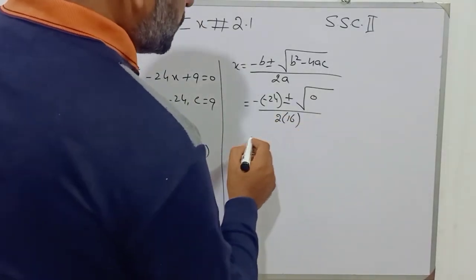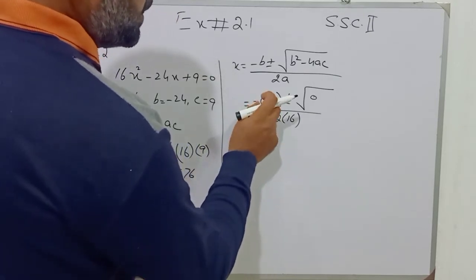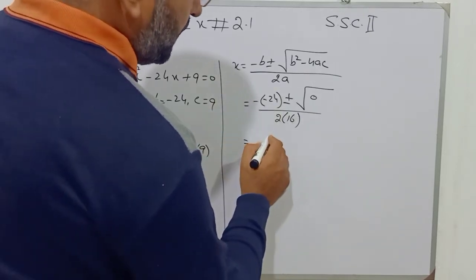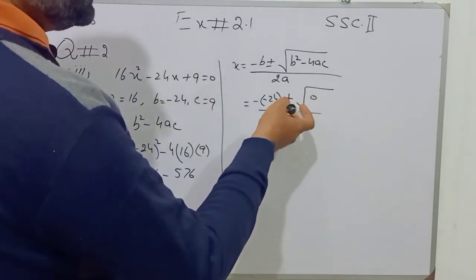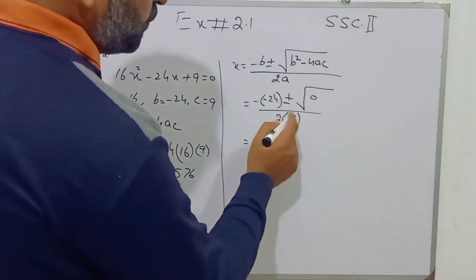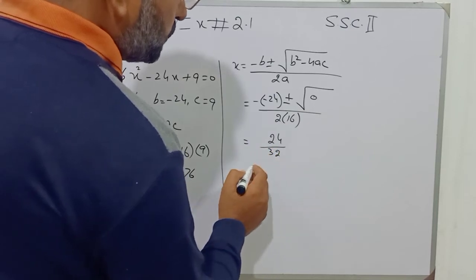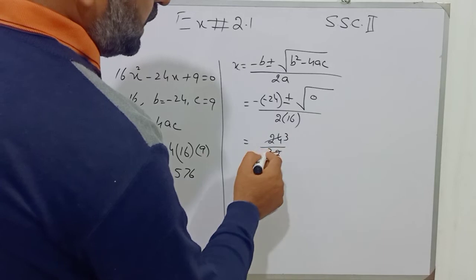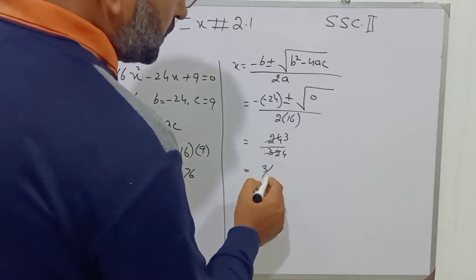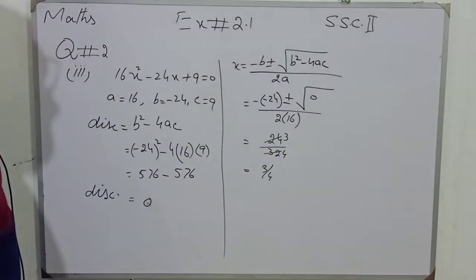So minus multiplied with minus will become plus. So plus minus 0 under root means 0, so it will be 24 over 32. So students, our roots are 8 3s are 24 and 8 4s are 32. The roots are equal and rational.